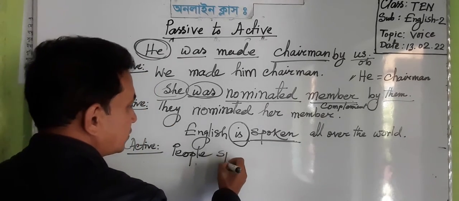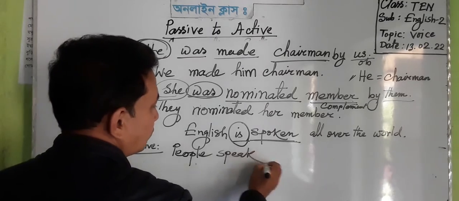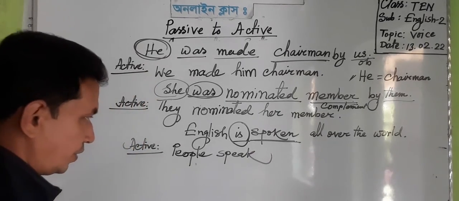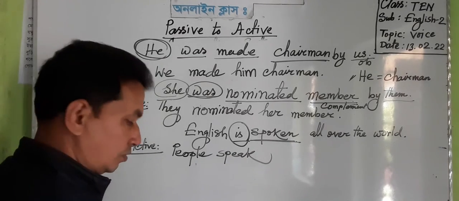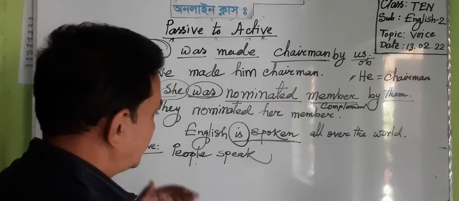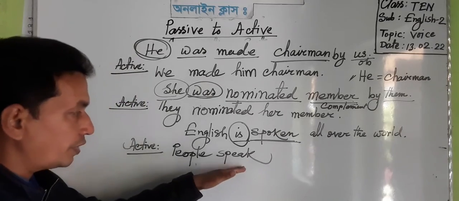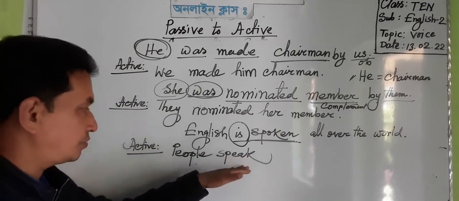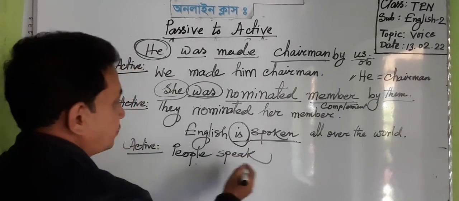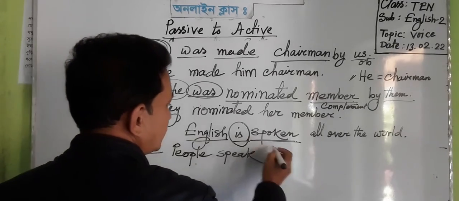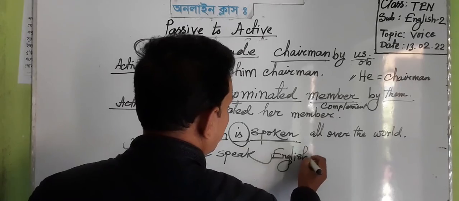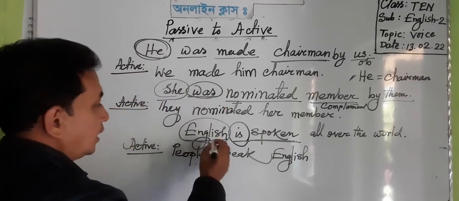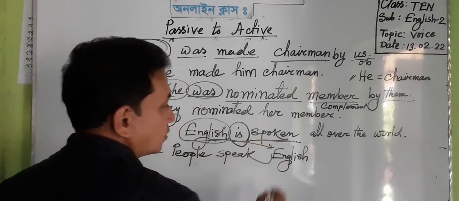People speak is the base form or present form in active voice. As this sentence is present indefinite tense, we should change the verb into present form. People speak, and then the object English. English is the subjective form here, and its objective form will be the same.